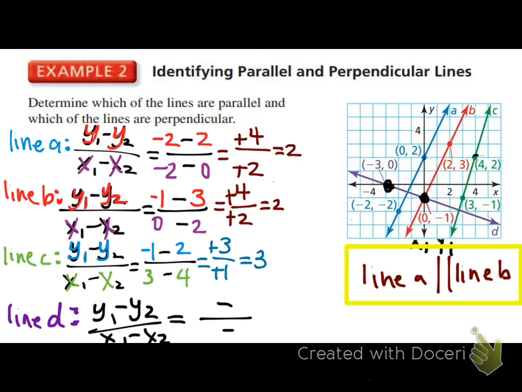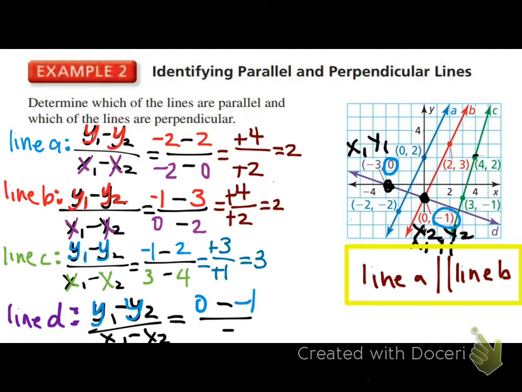So both of these, I outlined them in black. So I'm going to say -3, 0 is my x1, y1. And then 0, -1 is my x2, y2. So what's my first y? It is 0. My second y?